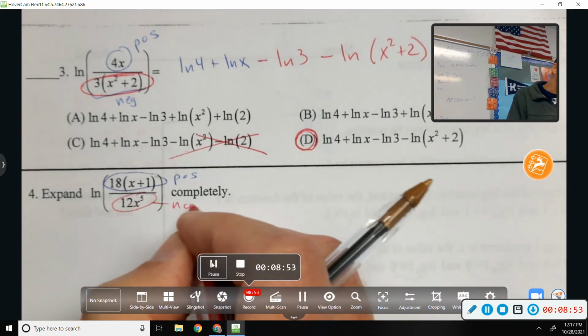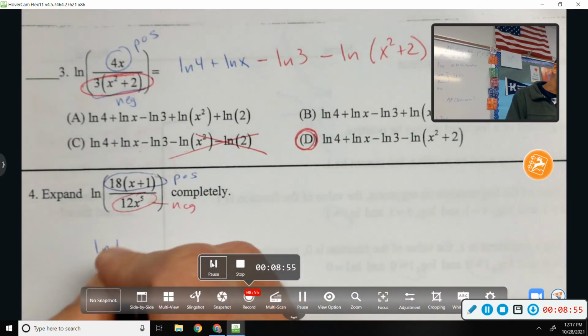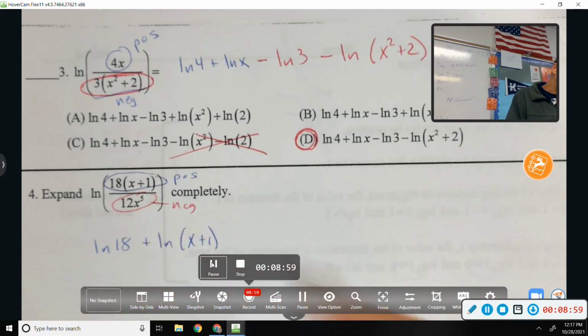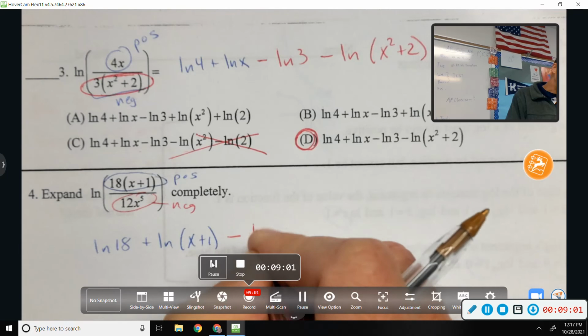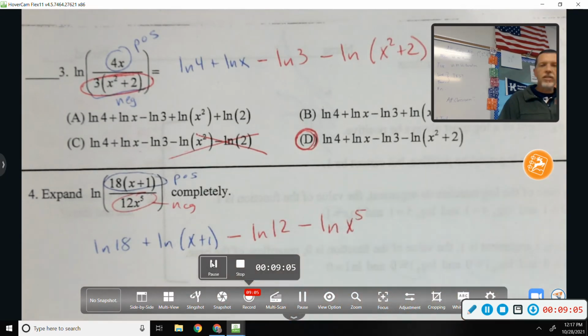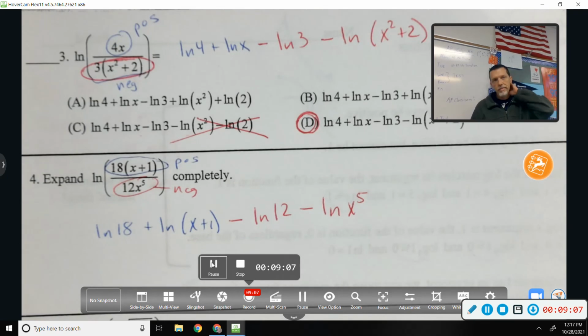So again, once you get the hang of these, anything in the top is positive, anything in the bottom is going to be negative. So natural log 18 plus natural log x plus 1 minus natural log 12 minus natural log x to the 5th. And there's one more thing that somebody might do on that one. You see anything else you could do with that one?